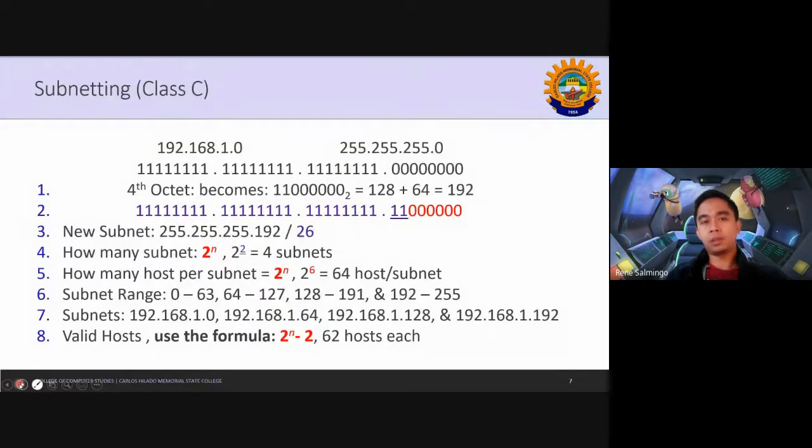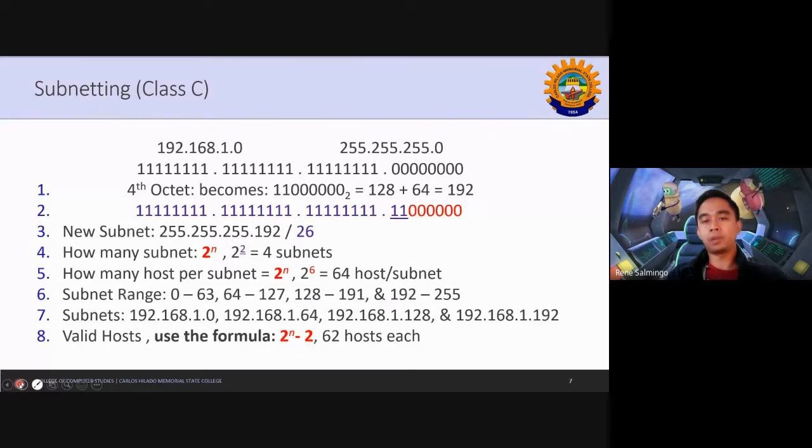In this example, we have a class C subnetting. The first ones represent your subnets.